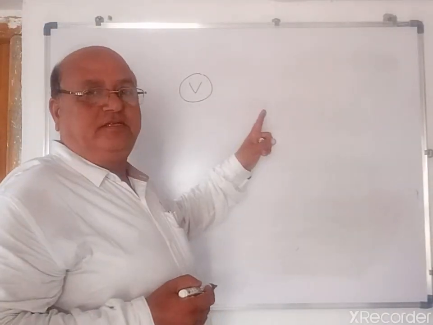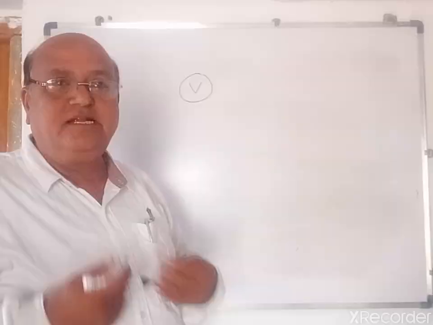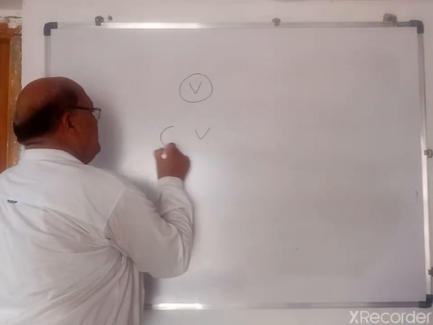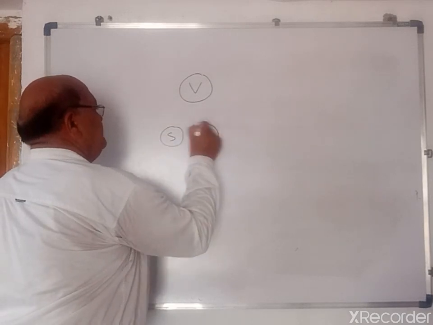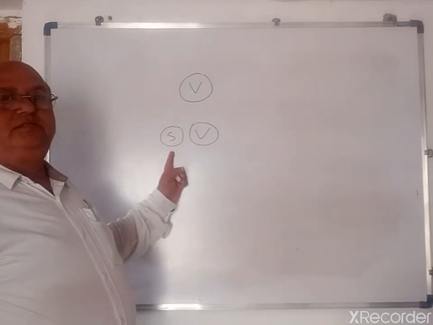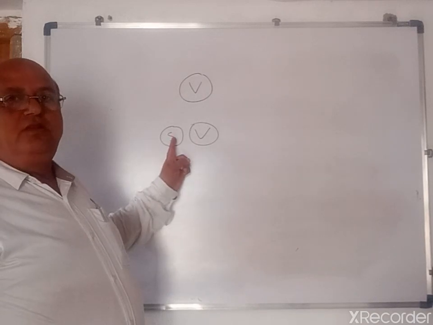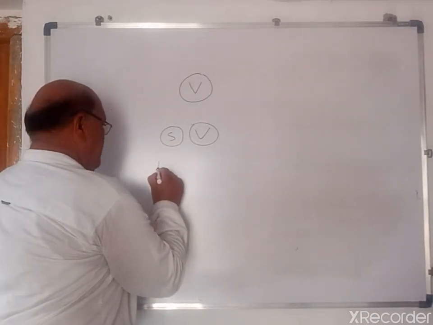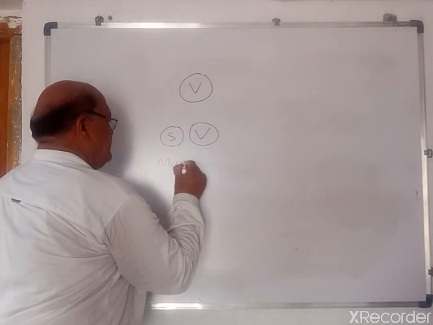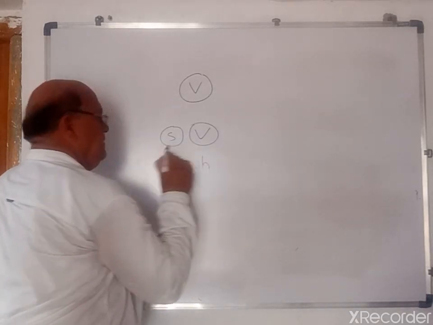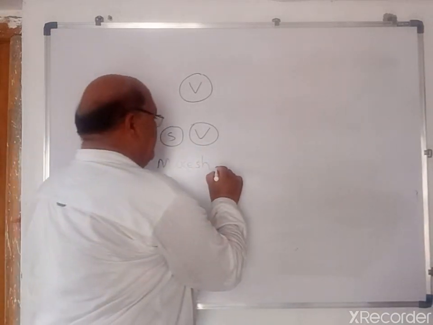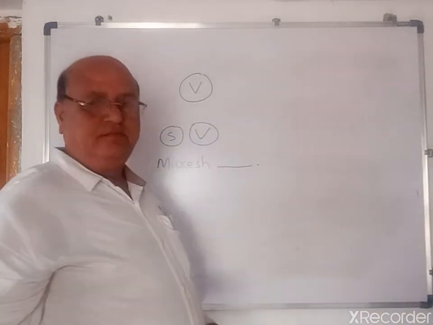That verb decides. I am going to write one sentence, one verb and one subject. In one subject, I want to write one name. One name, Mukesh. I will use one word and it will become a sentence.